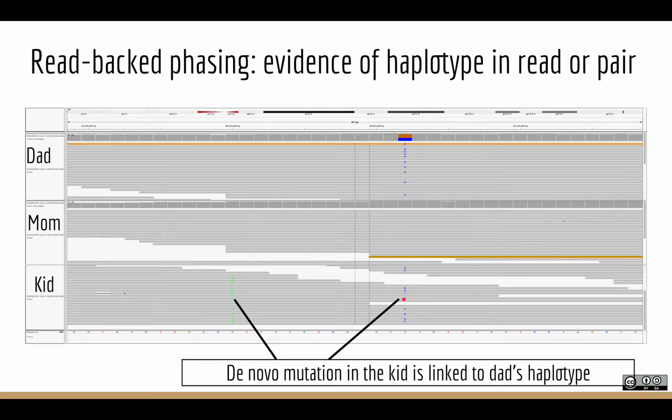And that read also has this other allele, which we can track back to dad because that clearly came from dad. So this tells us that these are basically snippets of the sperm gamete's haplotype that this individual inherited, right? So we can track this down to this mutation occurring almost certainly on the sperm lineage.